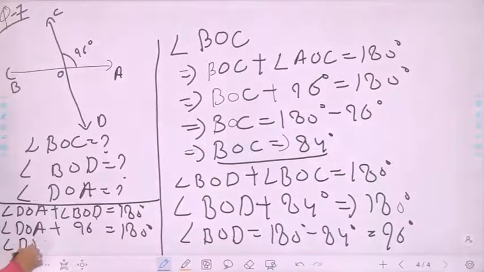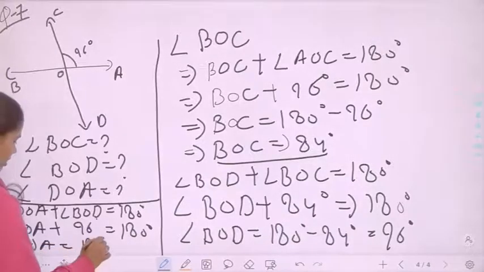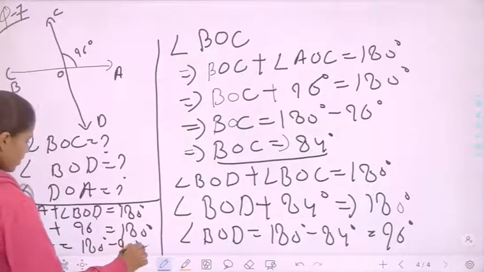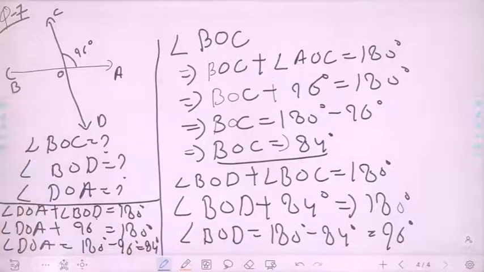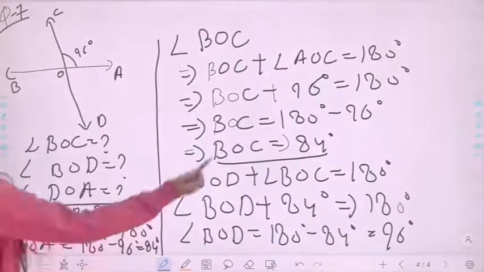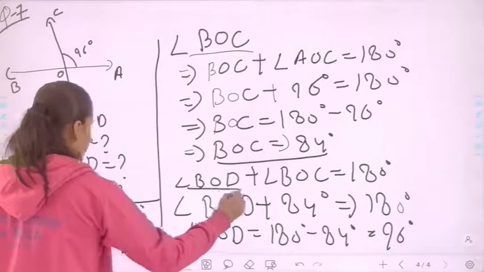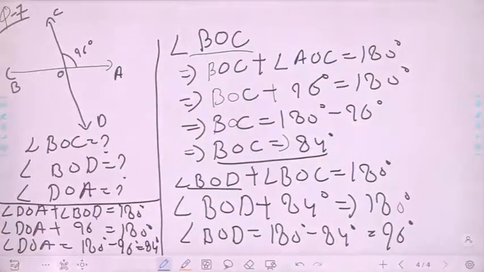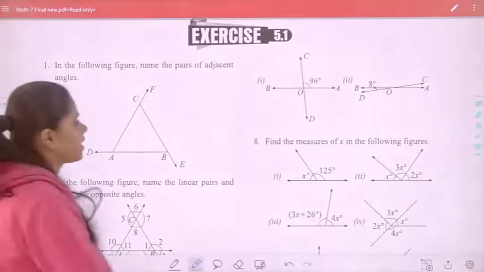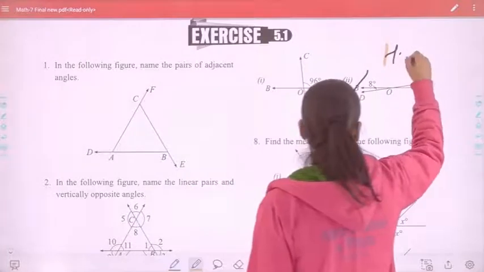Angle DOA is equal to 180 degree minus 96 degree, it will be 84 degree. तो हमने first 3 angles find कर लिए, BOC, BOD and the last one is DOA. Now if you want to take screenshot, you can take, then we will move to the next part, and the second part is your homework.